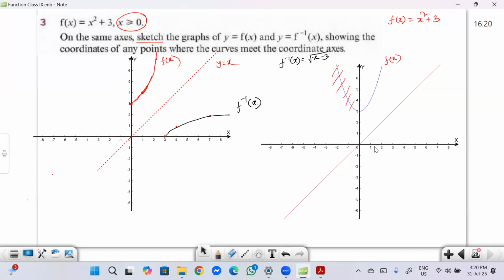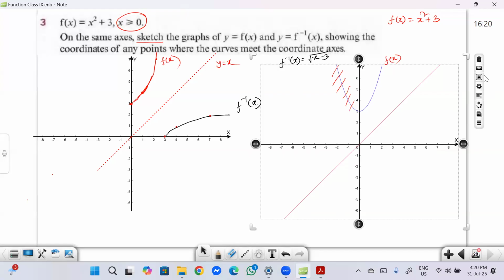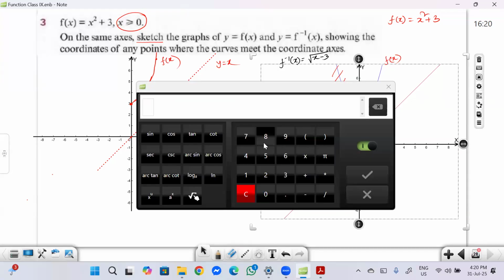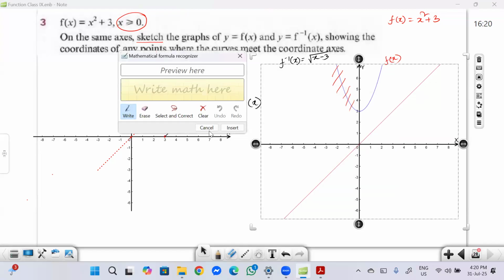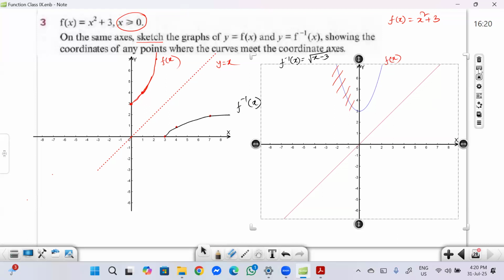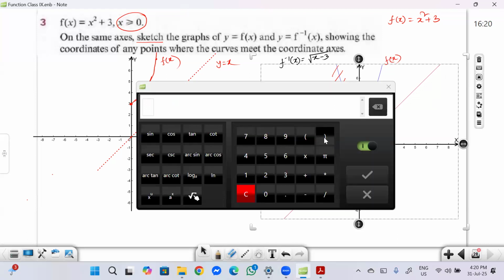So let us do this here also, just to check that we are on the correct path. Where is the square root? I'm going to use this. Square root.